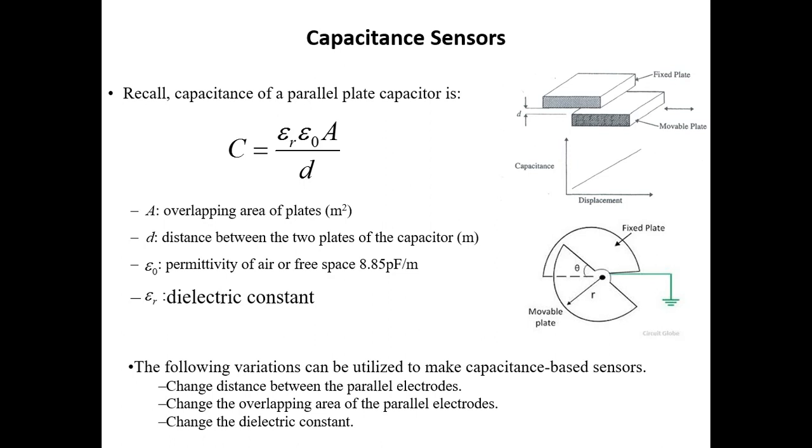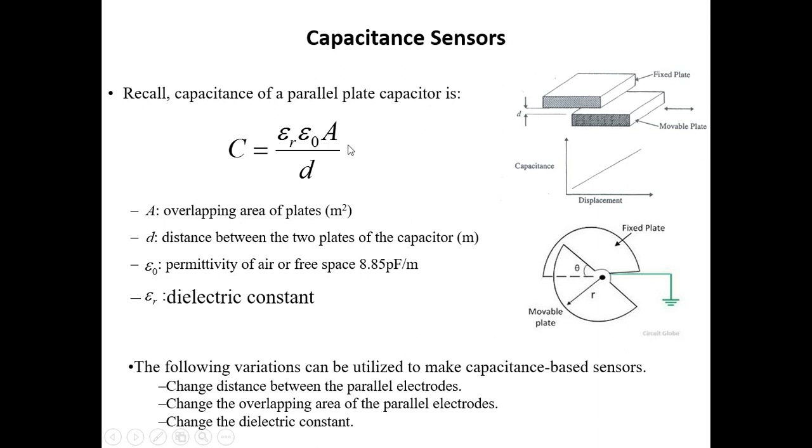From the basic parallel plate capacitor rule, the capacitance of a parallel plate capacitor is calculated by the equation C equals epsilon R epsilon 0 A over D, where epsilon R is the relative permittivity of the medium, and epsilon 0 is the absolute permittivity, which is normally constant, 8.85 picofarad per meter. A is the area of the plate. In this example, if you multiply the length by the breadth, you get the cross-sectional area, and D is the distance of separation.